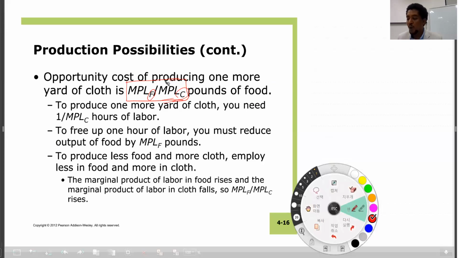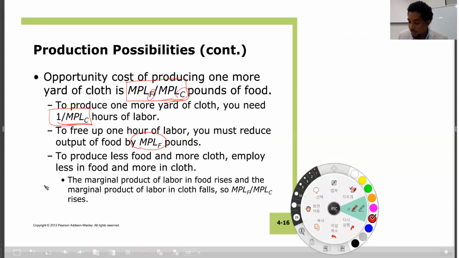So to produce one more yard of clothes, you need 1 over the marginal product of labor for clothes hours of labor, okay? So to free up 1 hour of labor, you must reduce the output of food by this amount of pounds. So to produce less food and more clothes, employ less in food and more in clothes. Okay, that's clear, right?